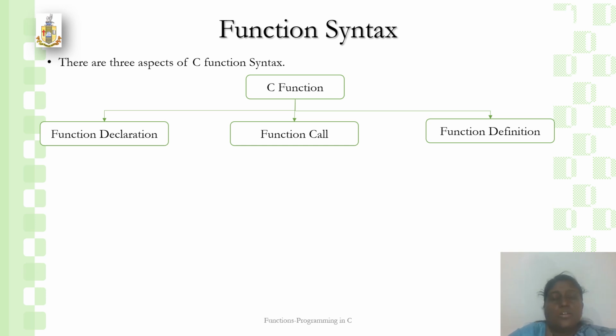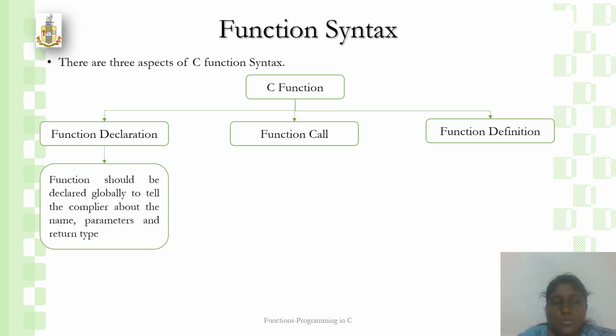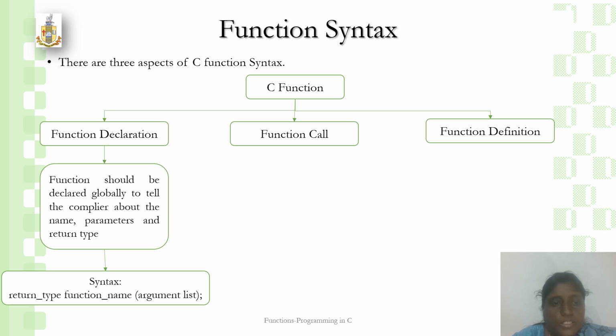To declare and define a function, it has to follow these three aspects, and the first is function declaration. Functions should be declared globally to tell the compiler about the name, parameters and return type. We are naming a function which has to be performed, and the syntax of the function declaration is return type, function name and the argument list.